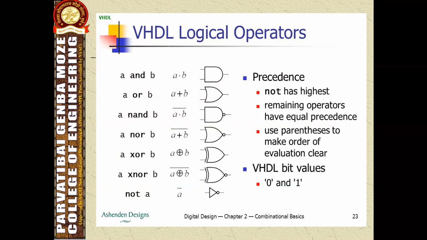What are the logical operators? The logical operators perform logical operations. What are the logical operations? AND operation, OR operation, NAND operation, NOT operation, NOR operation, and exclusive OR operation.